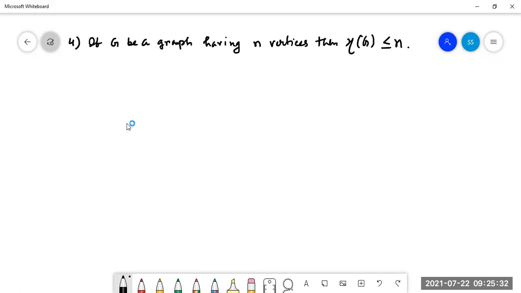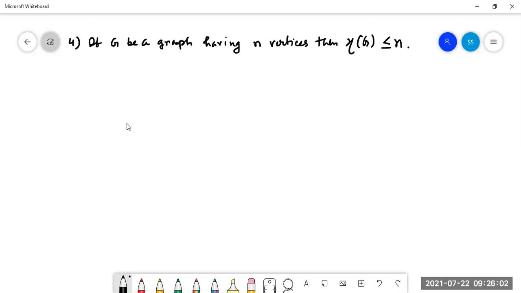Is it clear? The chromatic number cannot exceed the number of the vertices. Chromatic number at most is equal to the number of the vertices. Previously, we have already seen that for a complete graph K3, the number of the vertices was 3 and the chromatic number was also 3. So chromatic number cannot be 4 for K3. It is said here.